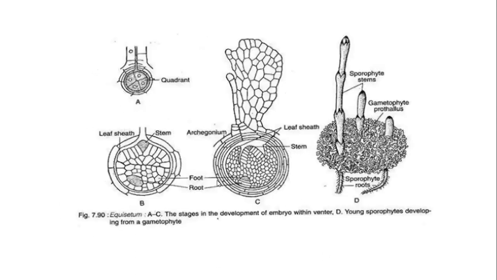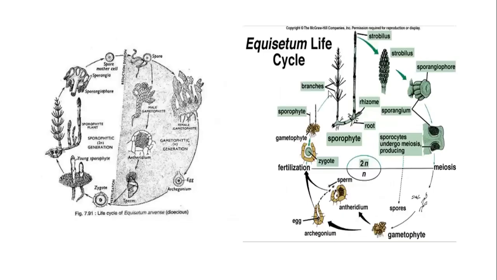So this is how the development of the Equisetum takes place. The embryo first undergoes a quadrant division, followed by a multicellular and multinuclear division, and results in the young sporophyte again. This is the gametophytic tissue, and this becomes the young sporophyte stem.